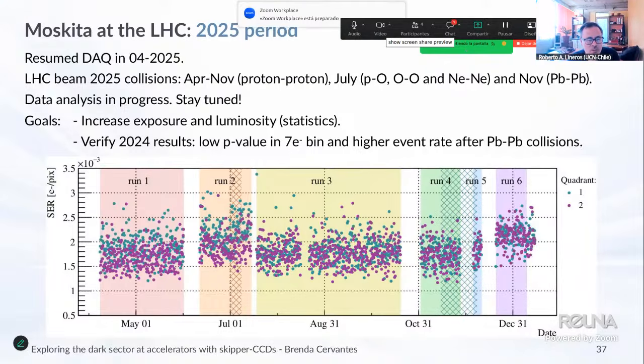Is it possible to do with the skipper-CCD measuring the long term, thinking about annual modulation in the case of dark matter, or is it not so practical? I don't know, does the background fluctuate too much to have this kind of continuous survey of the counting rates?